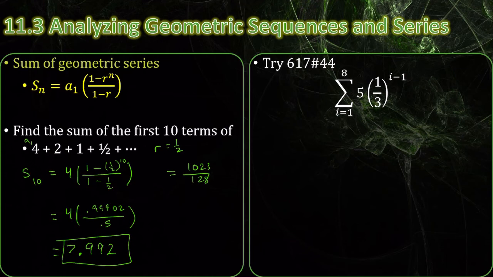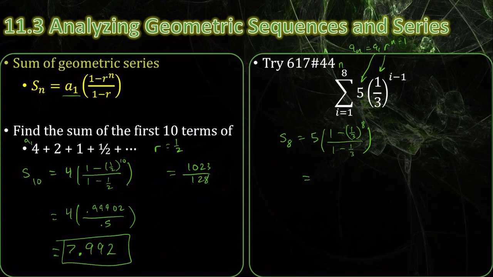If we compare this to AN equals A1 R to the n minus 1, you can see A1 is 5, R is 1/3, and the n is 8. So our sum of the first 8 is A1, which is 5, 1 minus r, which is 1/3, to the n, over 1 minus r.